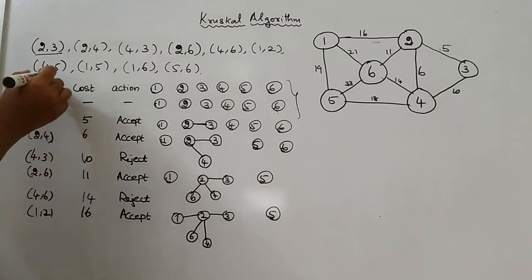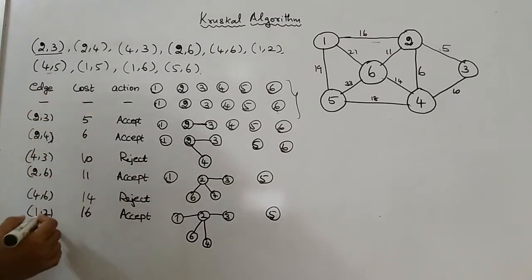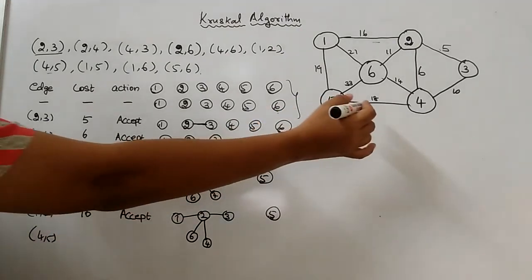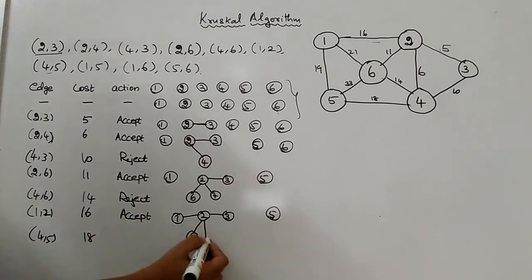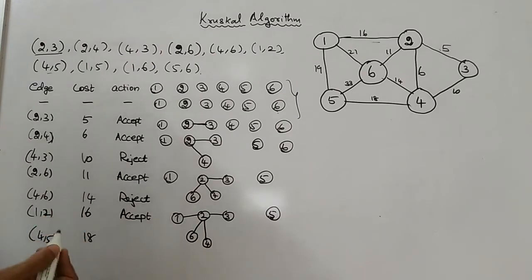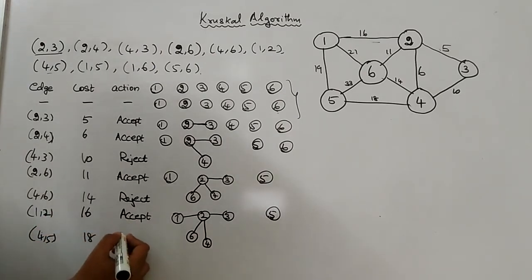Next I am going to take 4 and 5. See here I am writing 4 and 5. What's the weight for the edge 4 to 5? It's 18, so I am writing 18 here. 4 is already covered but 5 is not covered at all, right? So I can accept this one.